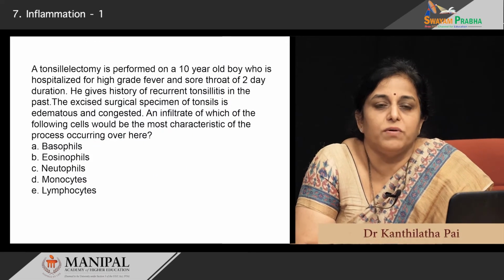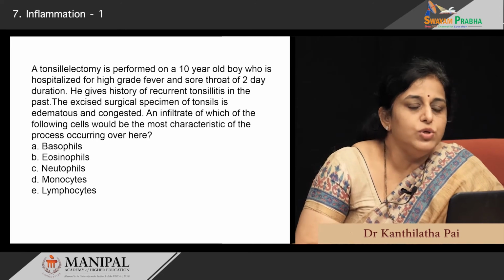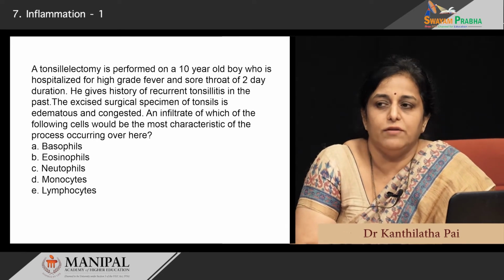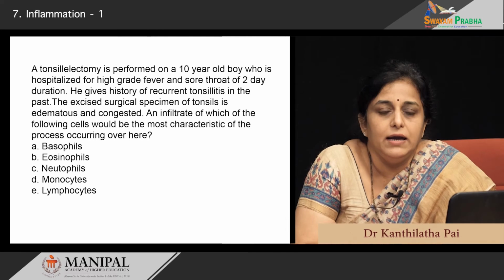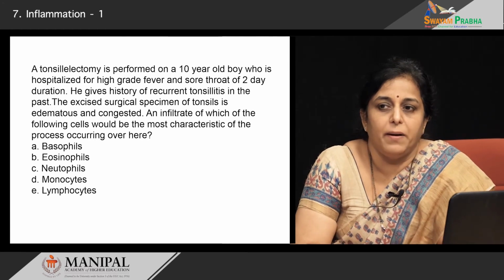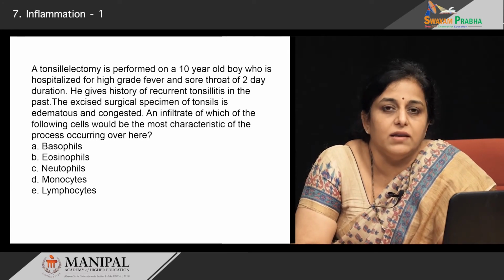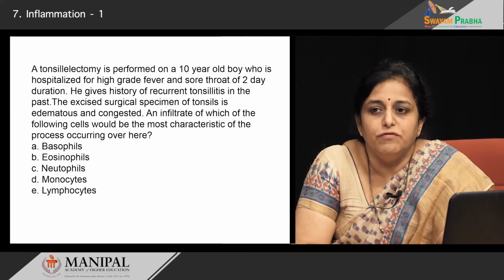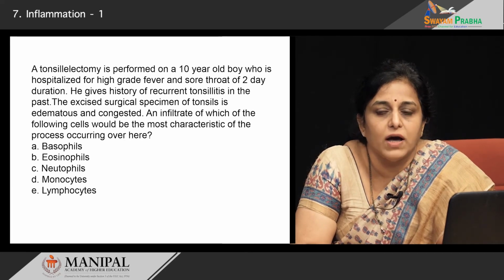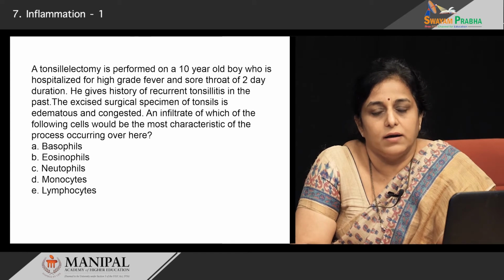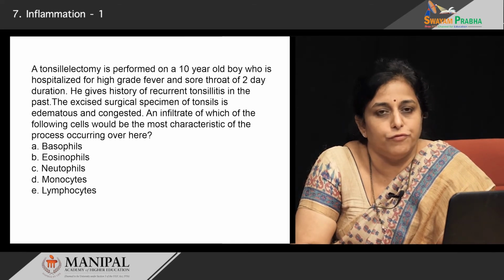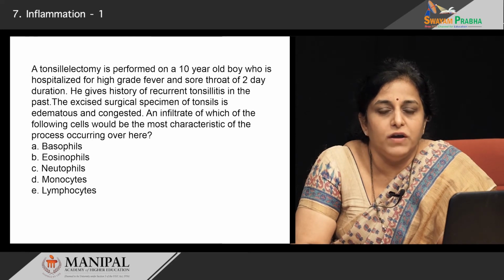A tonsillectomy is performed on a 10-year-old boy who is hospitalized for high-grade fever and sore throat of 2 days. He gives history of recurrent tonsillitis in the past. The excised specimen is edematous and congested. An infiltrate of which of the following is most characteristic of the process occurring over here? So, this is a 10-year-old boy for whom tonsillectomy is done for fever and sore throat.